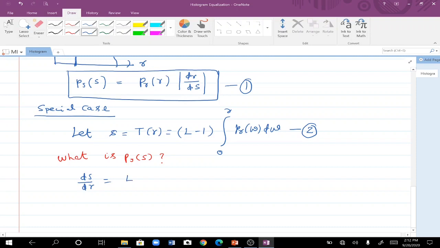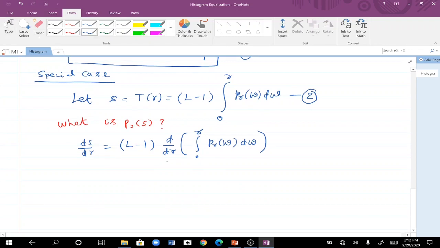What are we going to get there? L minus 1 is anyway constant. I can take it out. So d by dr of the integration from 0 to R of the probability density function of dr of omega into d omega.